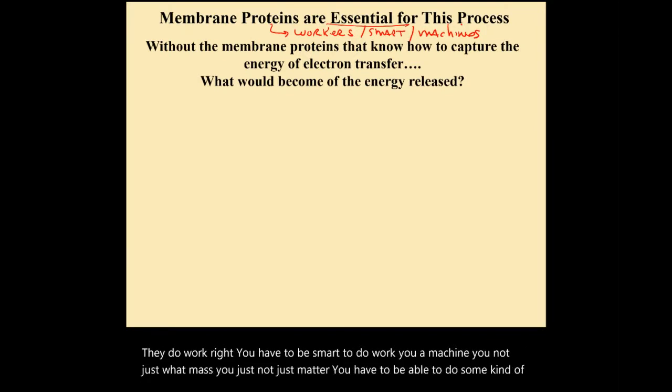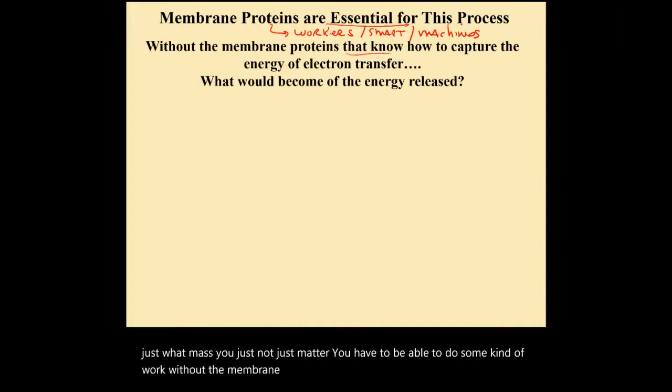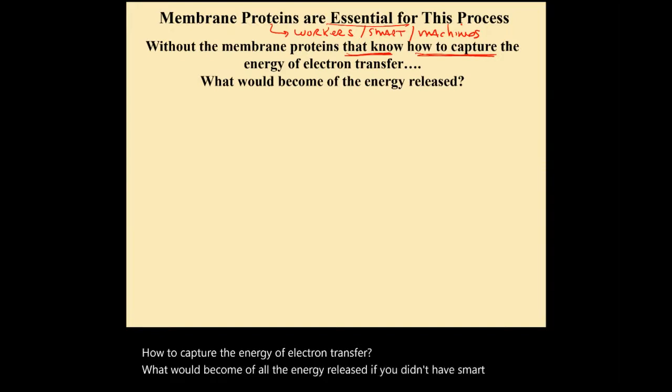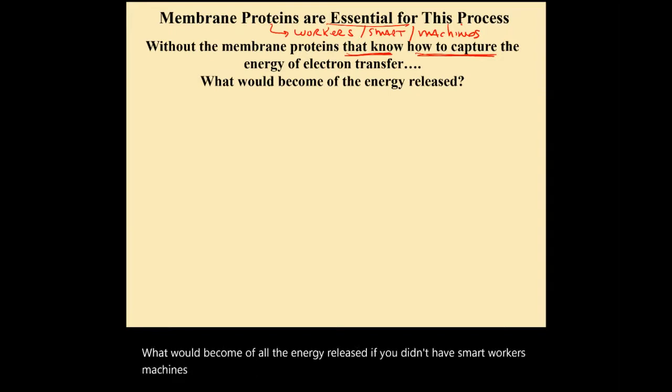Without the membrane proteins that know how to capture the energy of electron transfer, what would become of all the energy released if you didn't have smart workers, machines that were able to capture the energy as the electrons are releasing it?